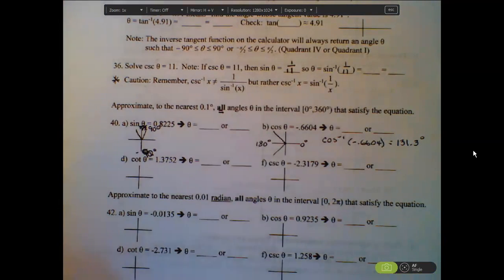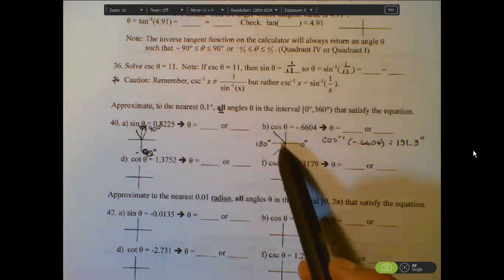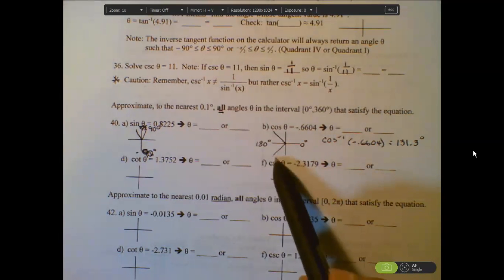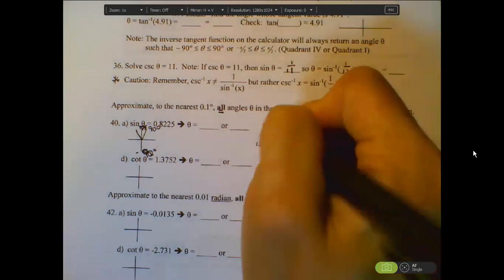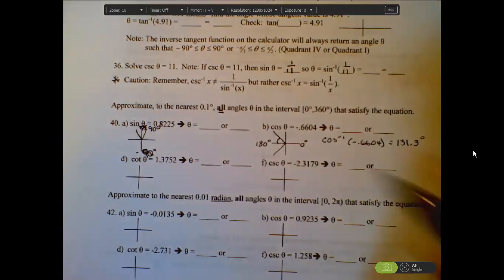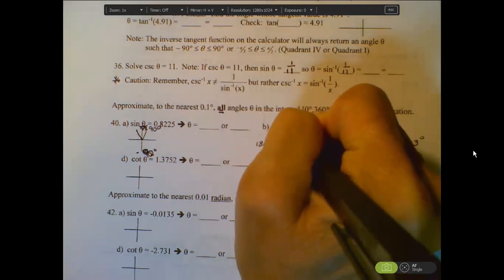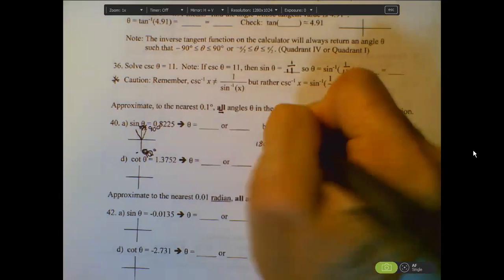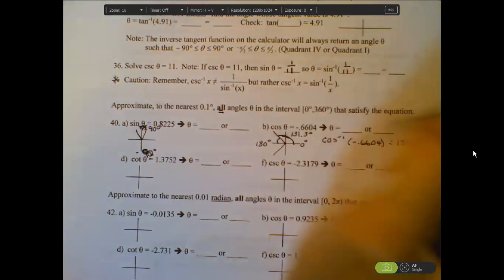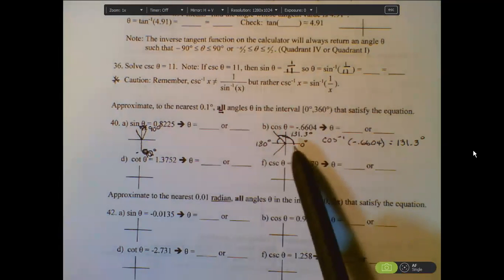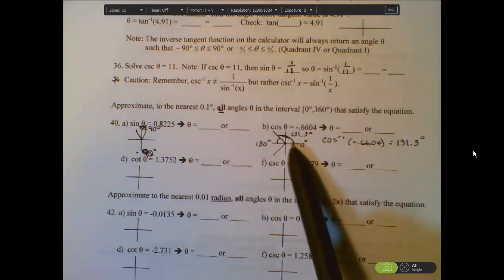All right, so the hard part is, what is the third quadrant angle that has the same cosine and the same x value? Let me label this right here, 131.3 degrees. Actually, I guess I am using reference angles right here.